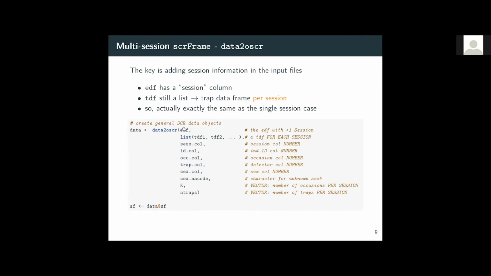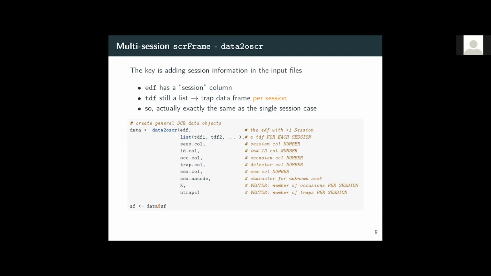In fact, if you think about it this way, if you did two spatial capture-recapture studies in two different reserves and you collected EDFs, they're all going to have the same columns. They're all going to have a session column, like the park ID, for example. They're going to have the trap information, the occasion information, and the identity of the individual. So it makes sense that regardless of how many sessions you have, all of these EDFs can sit nicely on top of each other because they all have common columns.